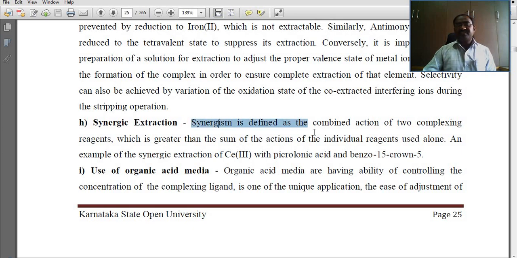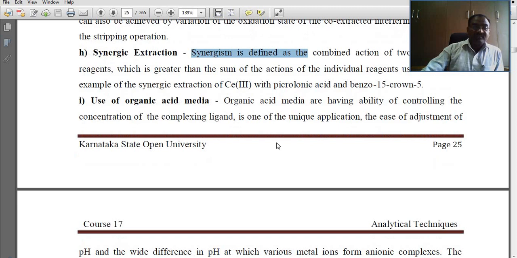Synergistic extraction: synergism is defined as the combined action of two complexing reagents which is greater than the sum of the actions of the individual reagents used alone. An example of synergistic extraction is cerium 3 with picolinic acid and benzo-15-crown-5. In the use of organic acid media, the organic acids have the ability of controlling the concentration of the complexing ligand.